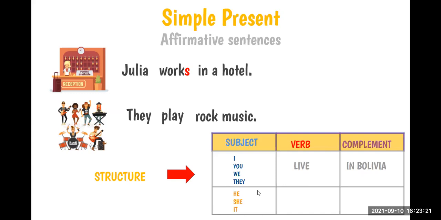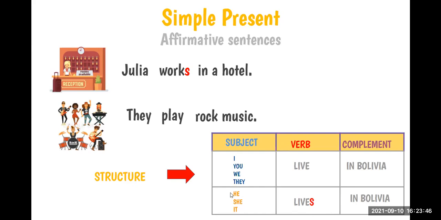What changes in this verb? ¿Qué cambia? Cuando estamos hablando de he, she, and it. We add an S, right? He lives in Bolivia. She lives in Bolivia, and it lives in Bolivia.